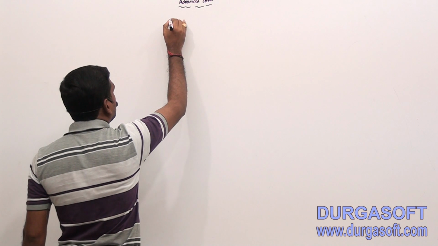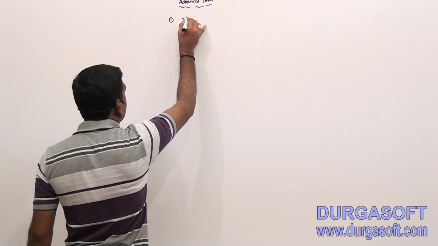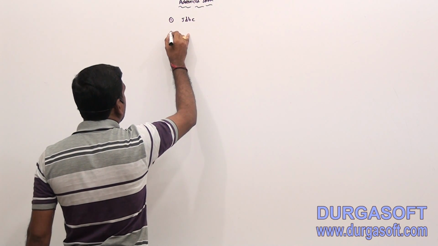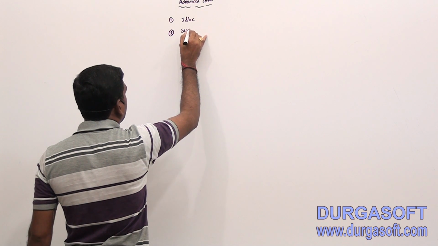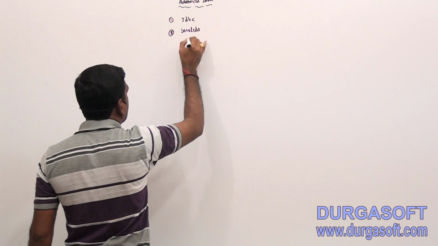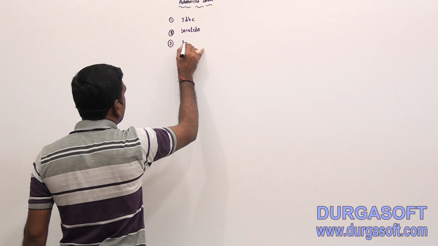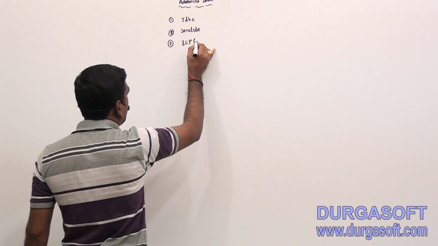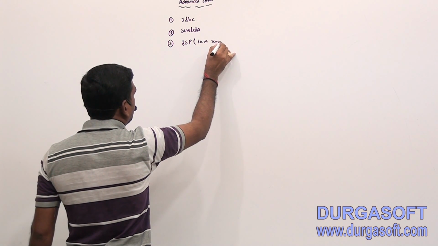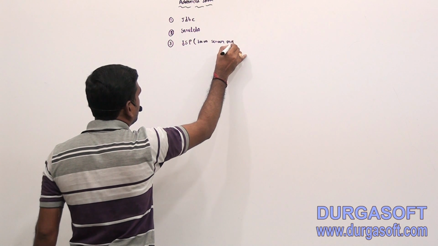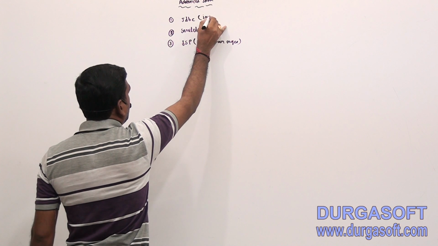Number 1, JDBC, Java database connectivity. Number 2, servlets. Number 3, JSP, Java server pages.